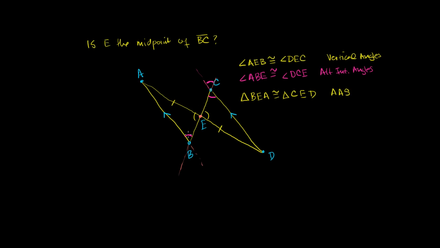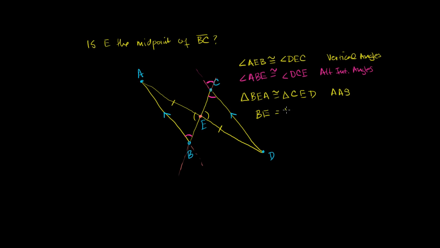And then if we know that they are congruent, then that means corresponding sides are congruent. So we know these two triangles are congruent, so that means that their corresponding sides are congruent. So then we know that the length of the segment BE, and that's the segment that's between the magenta and the green angles, is going to be equal to the corresponding side CE, between the magenta and the green angles.